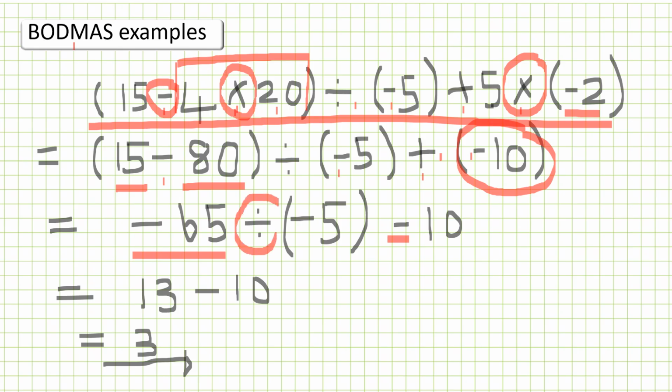I've removed most of the brackets. Division comes before subtraction. Minus 65 divided by minus 5: minus divided by minus becomes a plus. 65 divided by 5 is 13. Minus the 10 becomes 3. So there we go.